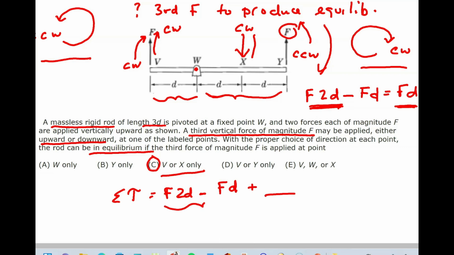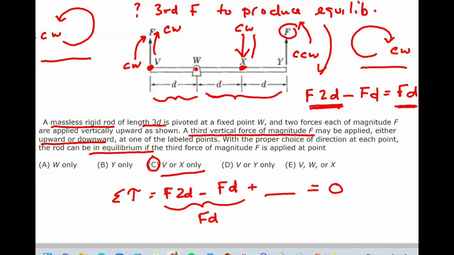When you combine these two torques, you get F times D. What you need to make everything 0 is a negative F times D. Negative is a clockwise torque. So you could put an additional clockwise torque at V, or a clockwise torque at X.